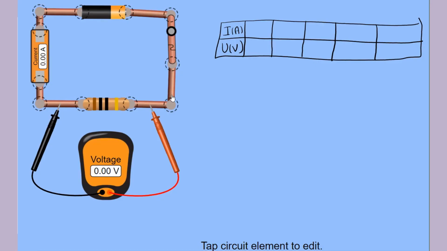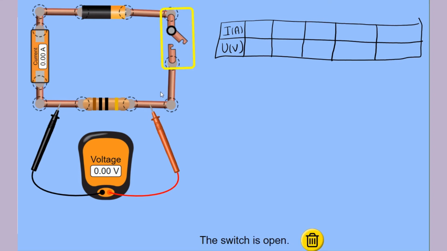Okay, so this is the circuit that I built. It consists of a DC power supply, like a dry cell with a variable voltage that I can change, an ammeter right here, a resistor, a voltmeter across the resistor, and a switch. This is an open switch, and now this is a closed switch.